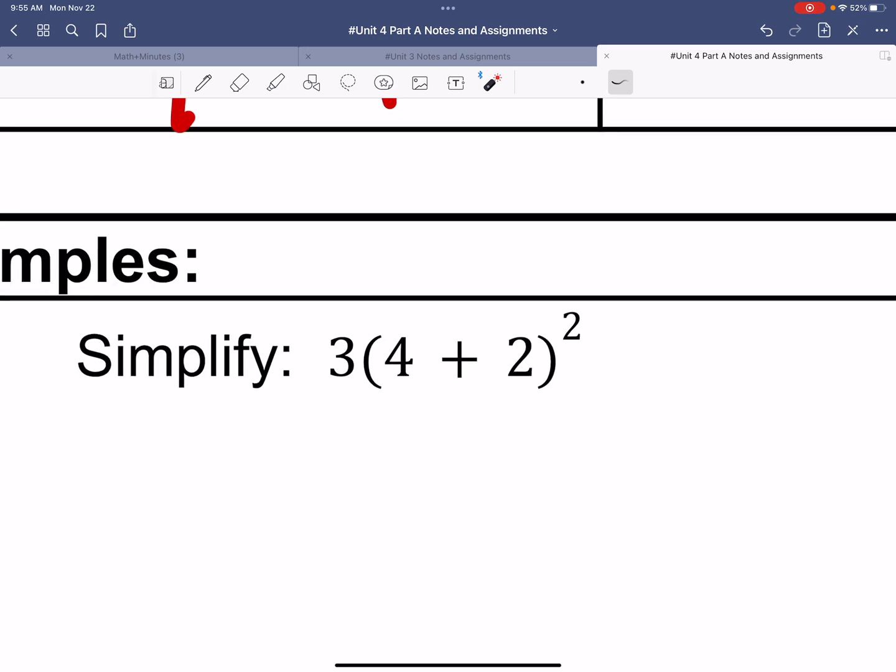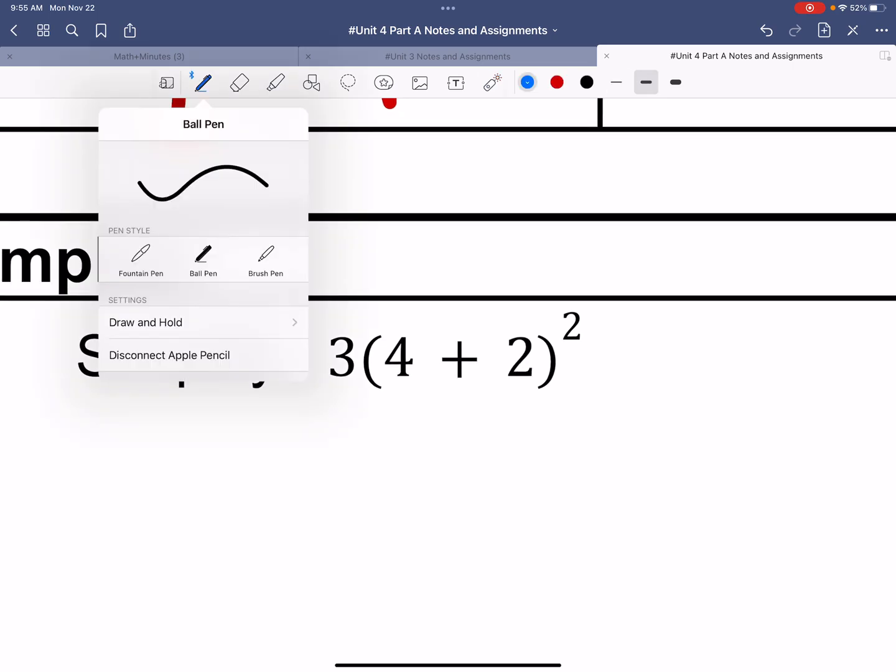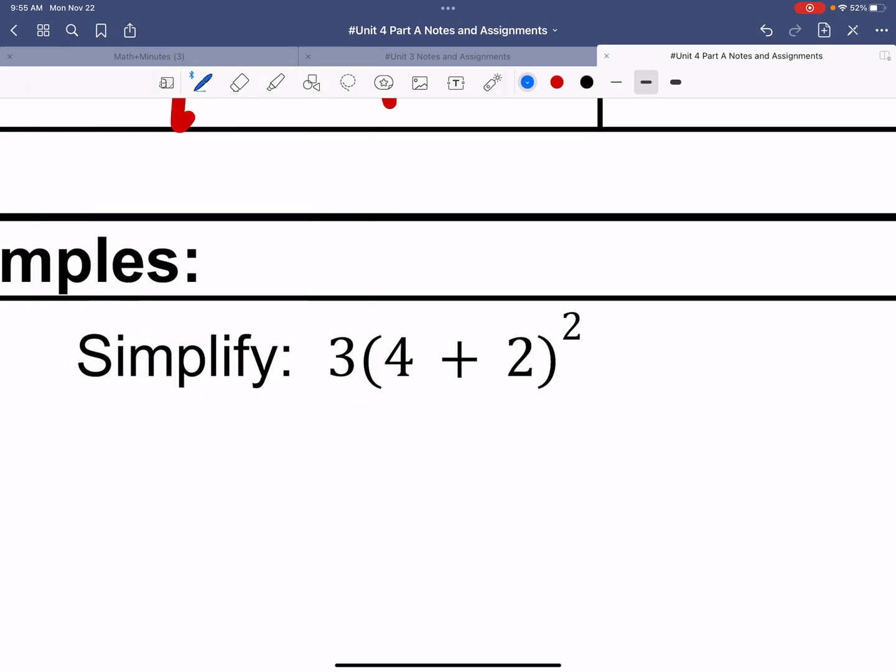Help me out. Help a teacher out. Travis, what do I want to do first? I'm going to come back to you. Danny? I want to do what's inside the parentheses.